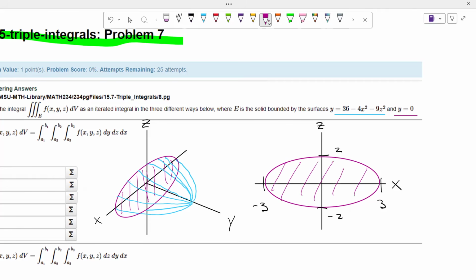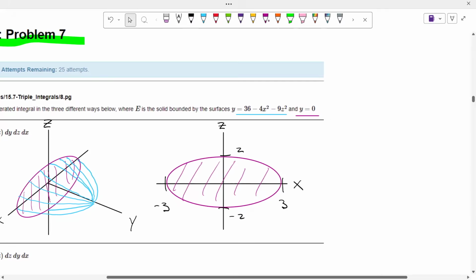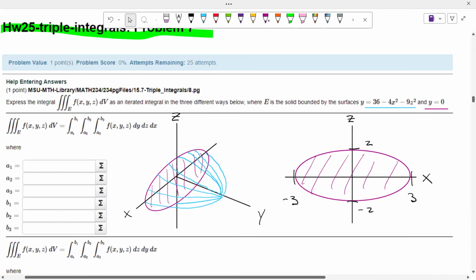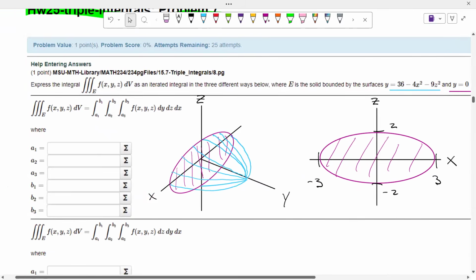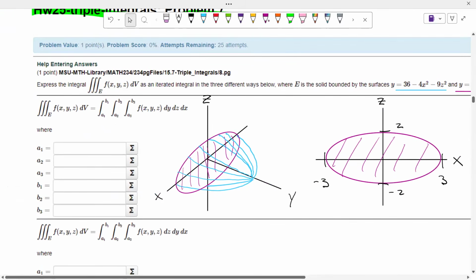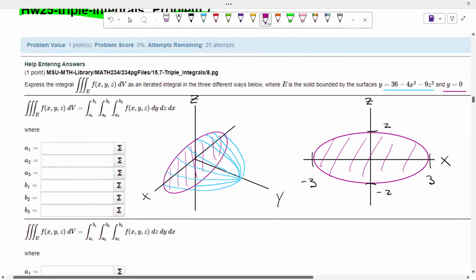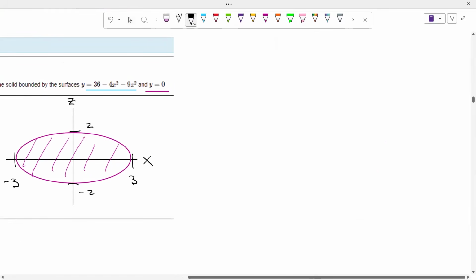So now I need limits for x and y and z. So let's go do that. Our y limits are pretty straightforward. They are y equals 0. Let's just not bother with the web work bit.